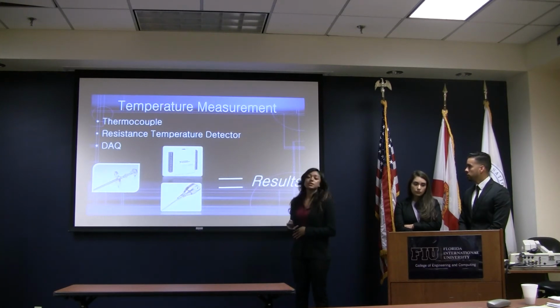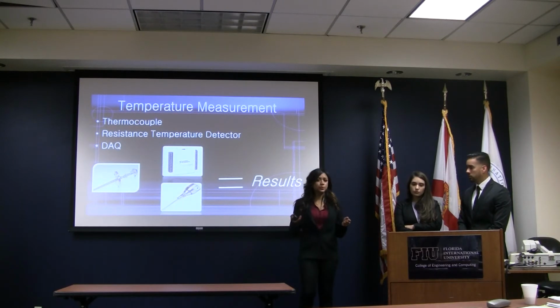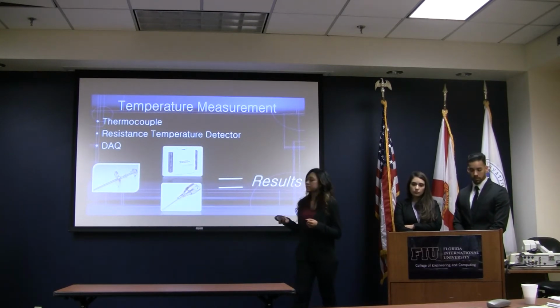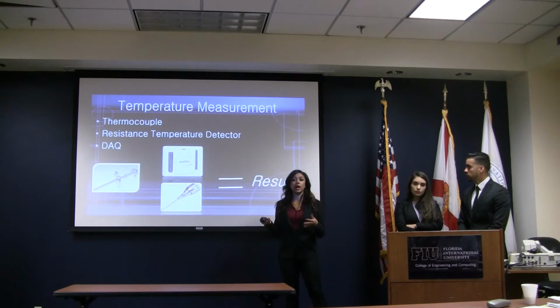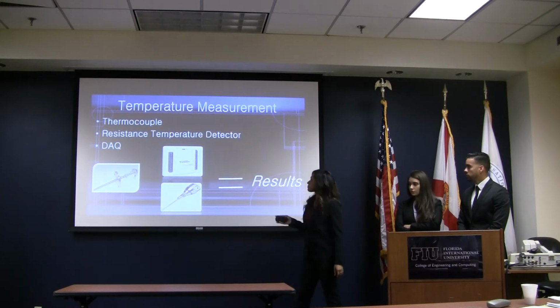The resistance temperature detector is based on a principle called thermal resistivity, and the DAQ system is pretty much the microprocessing unit of the fixture. It reads an input and then produces an output, which you can readily see.